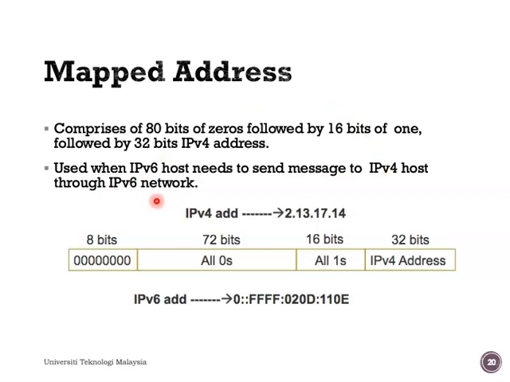This is also used to map an IPv4 device that is not compatible with IPv6 into the IPv6 address space. Again, it is used when a computer that has migrated to IPv6 wants to send a packet to a computer that is still using IPv4. The packet travels mostly through the IPv6 network, but is finally delivered to the IPv4 host. The IPv4 part of the address is changed to the hexadecimal colon format, just like the compatible address before.